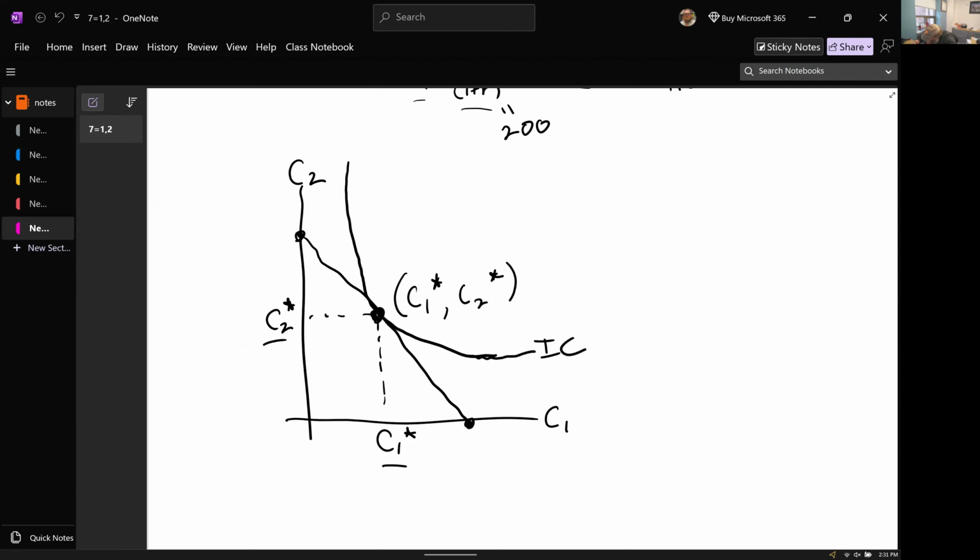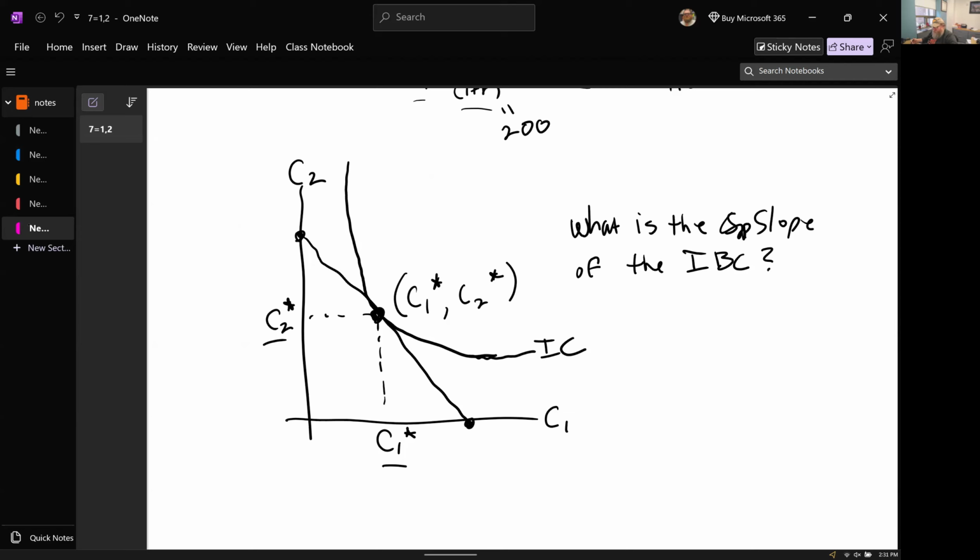So the question here ends up being, what is the slope of the budget constraint? I should say, intertemporal budget constraint. Because remember, the prices of everything is one here. So what's the slope of the intertemporal budget constraint?